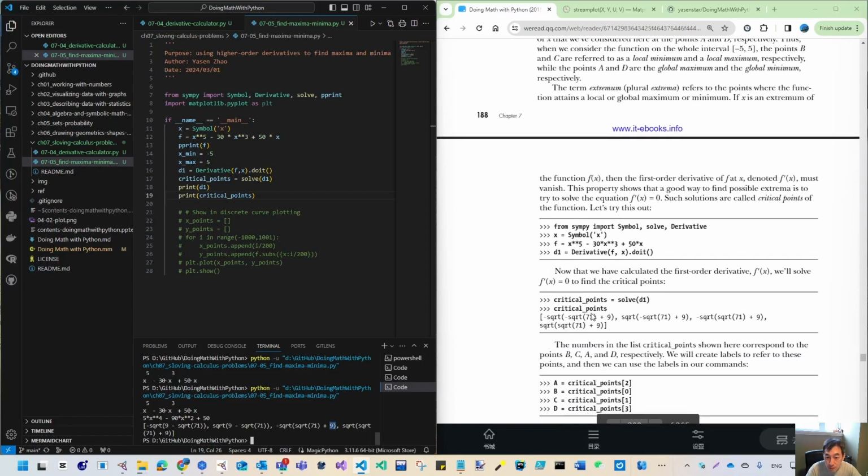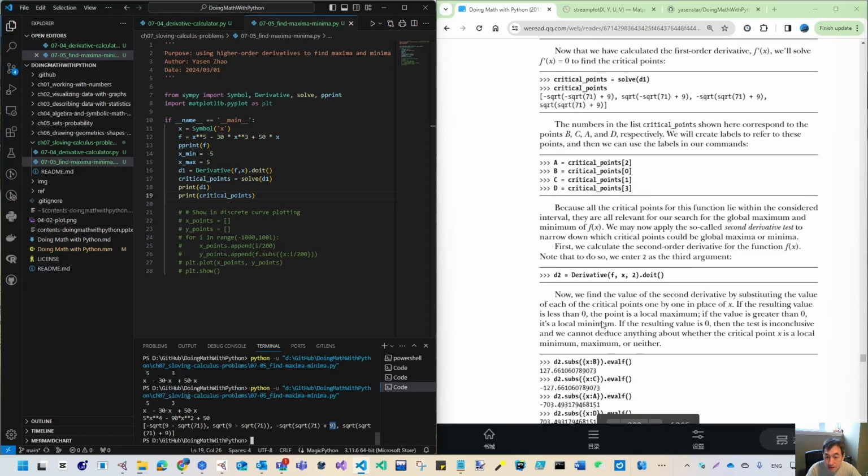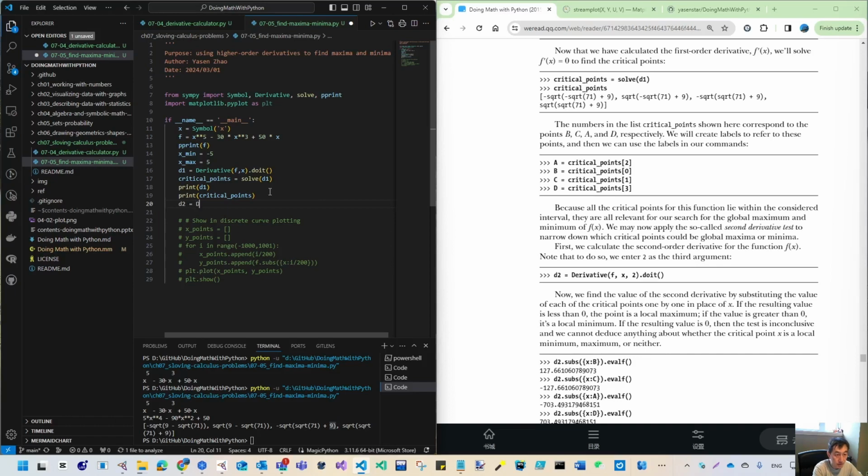So we define this A, B, C, D. Then we have this D2. So now let's see, D2 is the derivative of f x, 2, and make that dots and print. Let's use this D2, and here just use the pretty print.